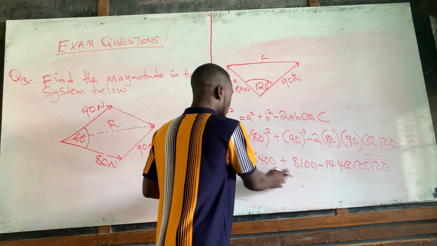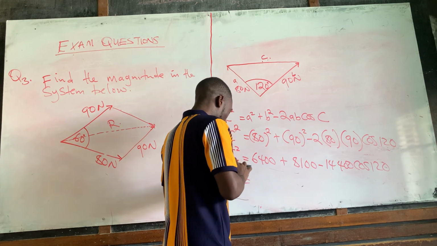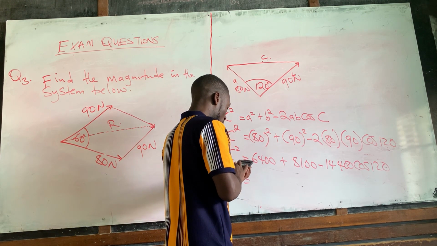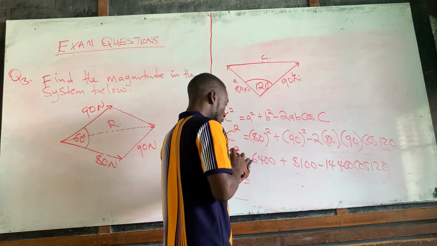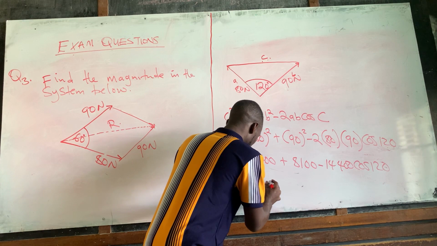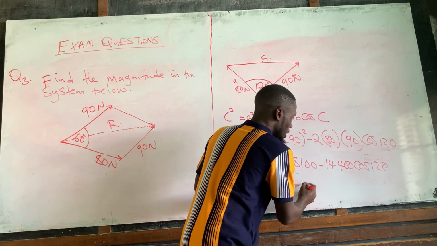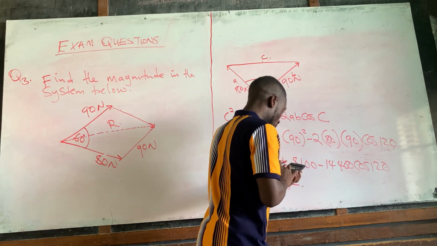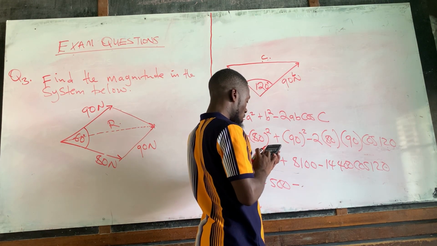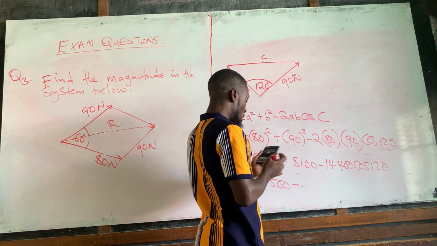Then from here, I can add 6,400 plus 8,100, which gives us 14,500, minus 14,400 cos 120.